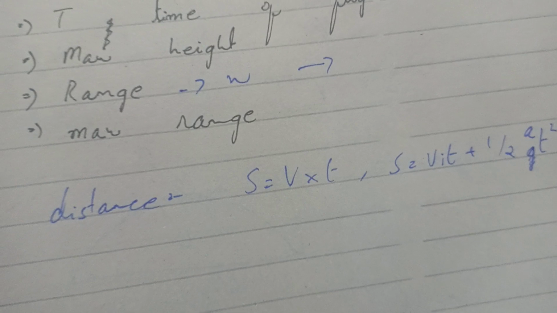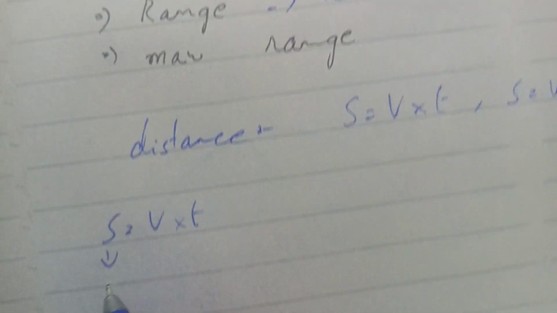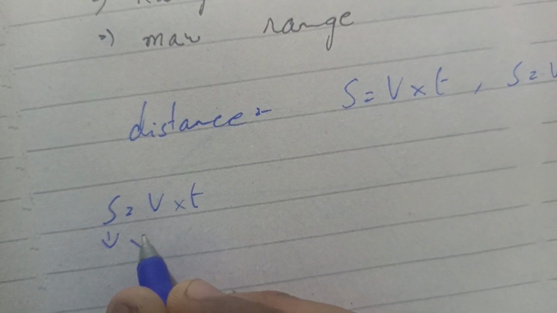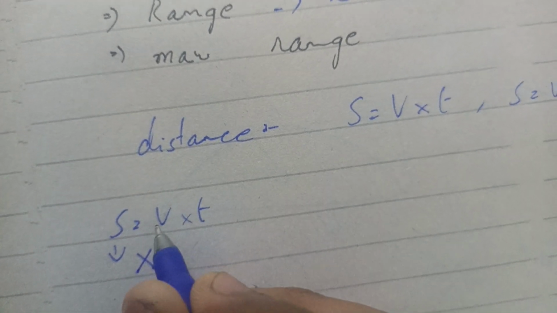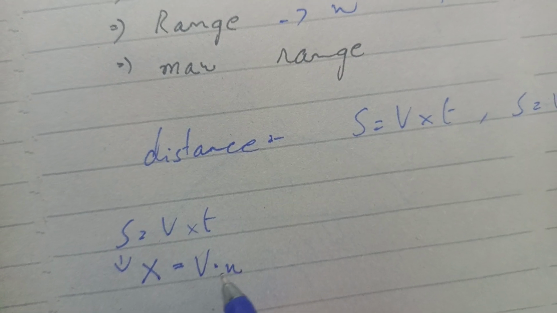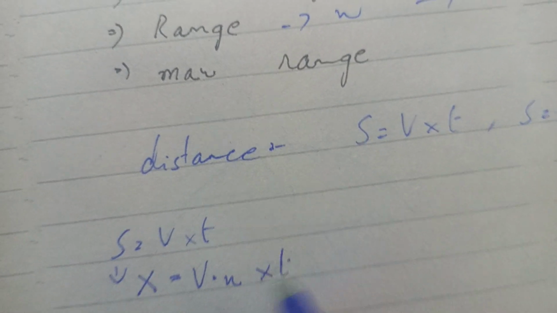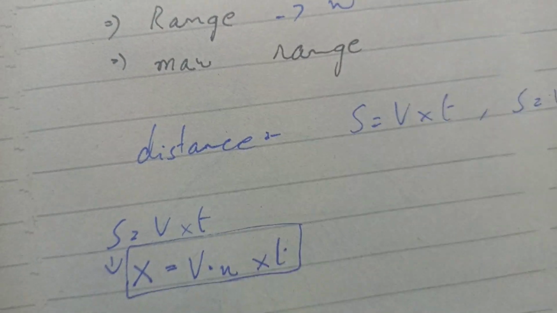So just remember the small concept that s is equal to v into t, where s will be denoted by x because it's for the x axis. Then x is equal to, instead of v, we put v naught x into time. Now this is the formula for displacement. Very easy.